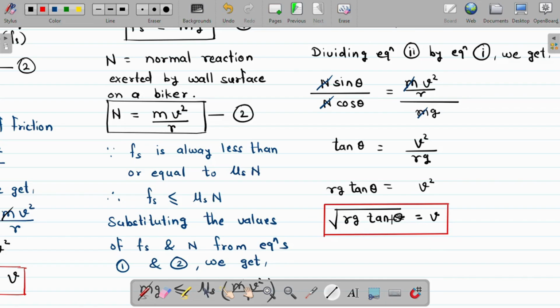Now, if you observe the formula here, it does not include the mass of the vehicle.